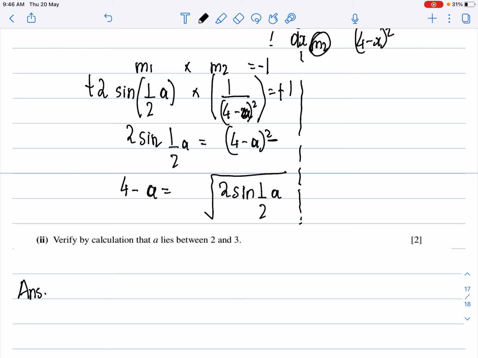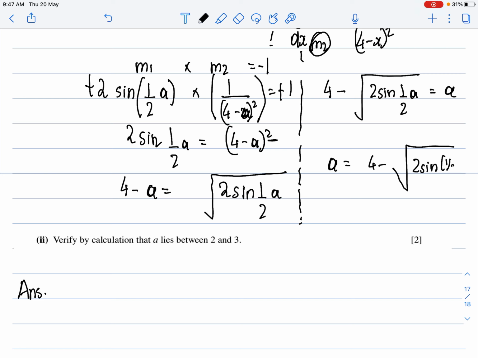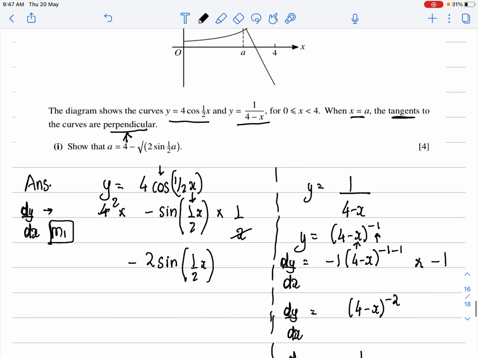Now I can simply write this as 4 minus the root of 2 sine half a is equal to a, which is what I needed to prove here. It requires a little bit of common sense but is easy to solve.